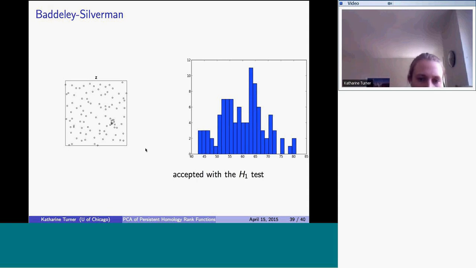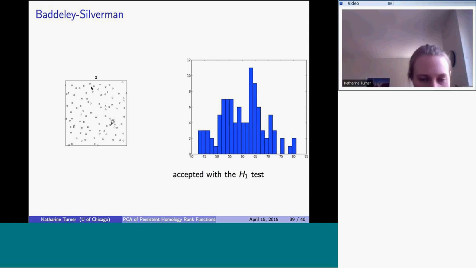Completely spatially random: I have an example of one point pattern on the left. It's an important example in point pattern analysis, in that it has exactly the same distribution of pairwise distances.